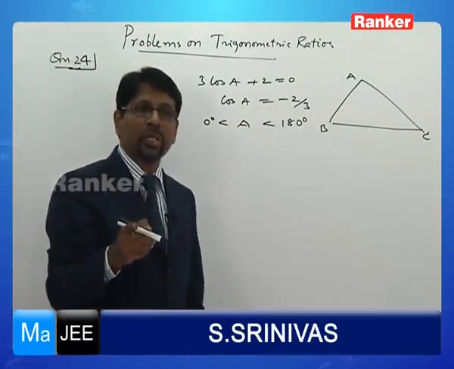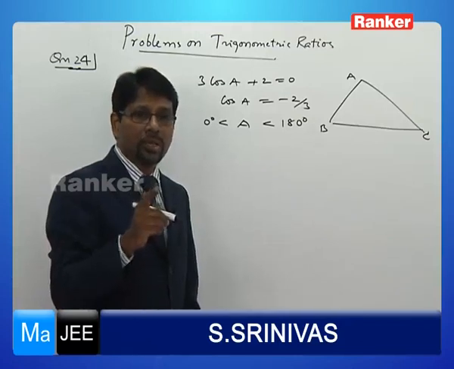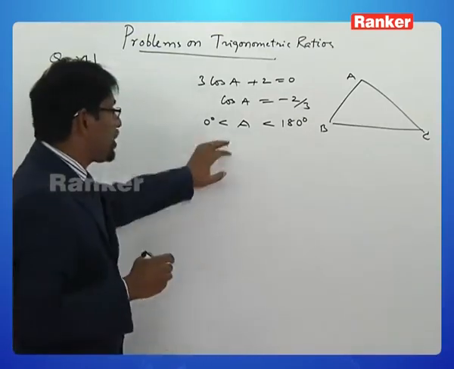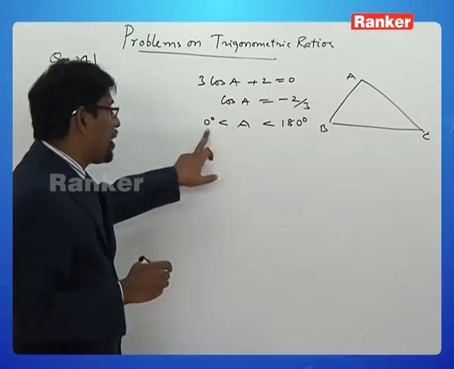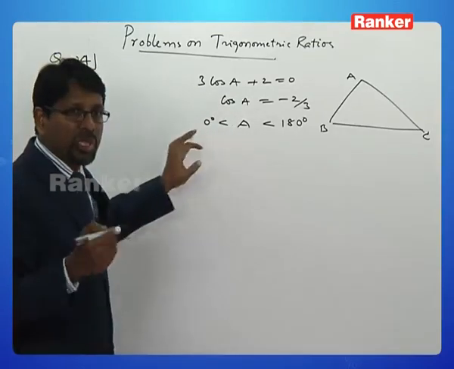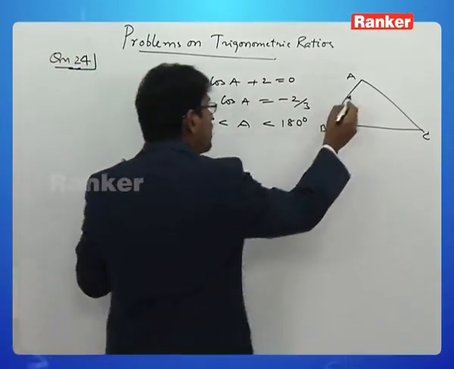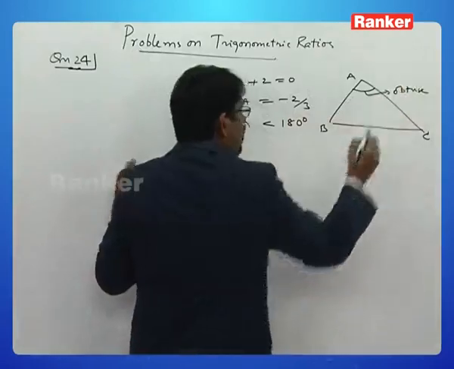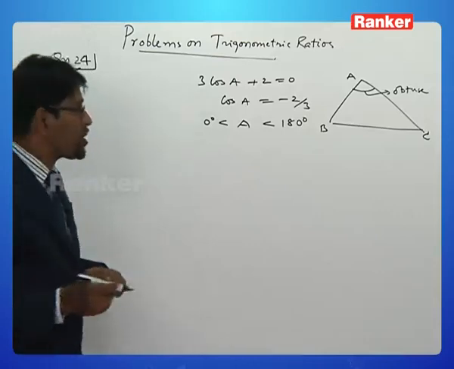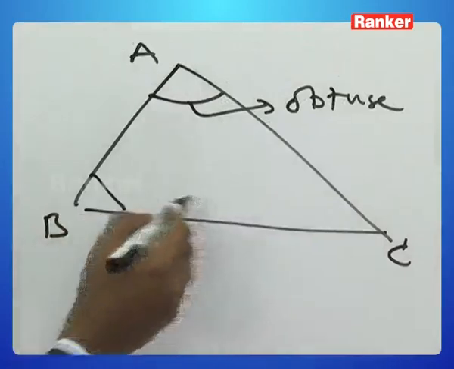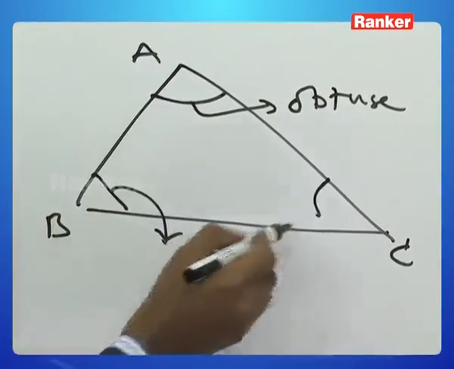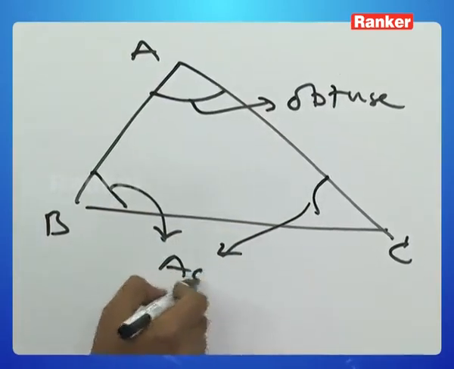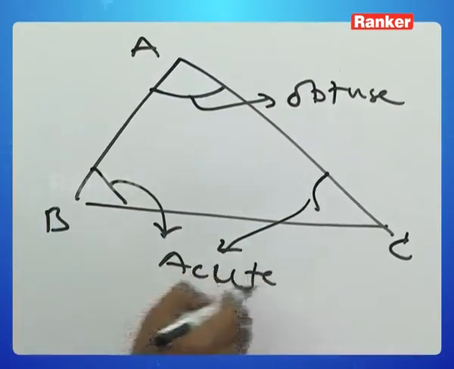Cos can be negative in the second or third quadrant. But A is an angle of a triangle, so it can't be more than 180. So it has to be obtuse. Angle A is obtuse. We can have only one angle to be obtuse, so the other two angles have to be acute.